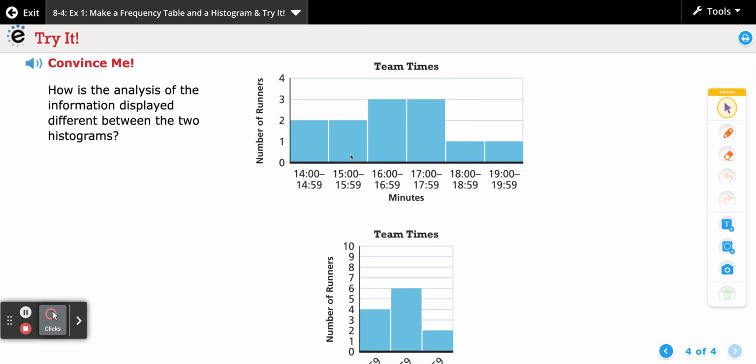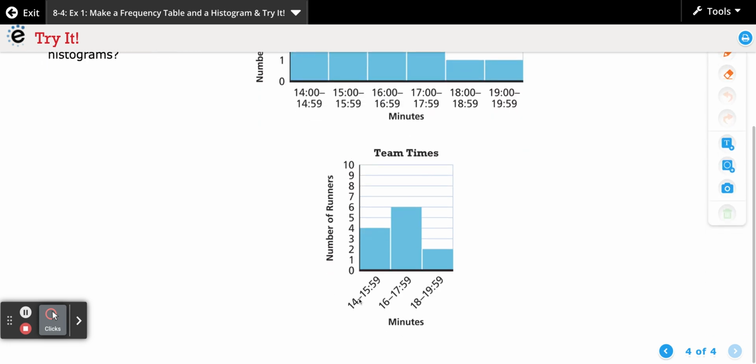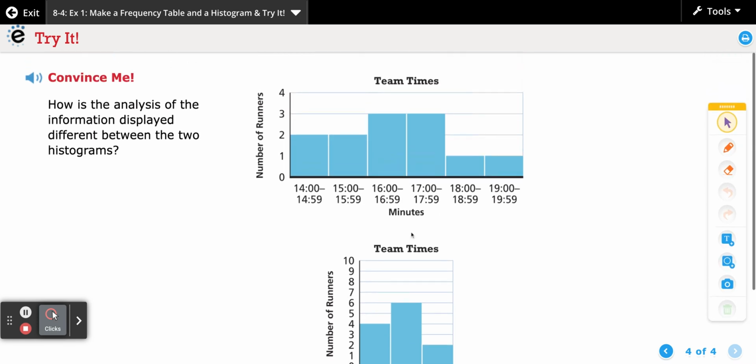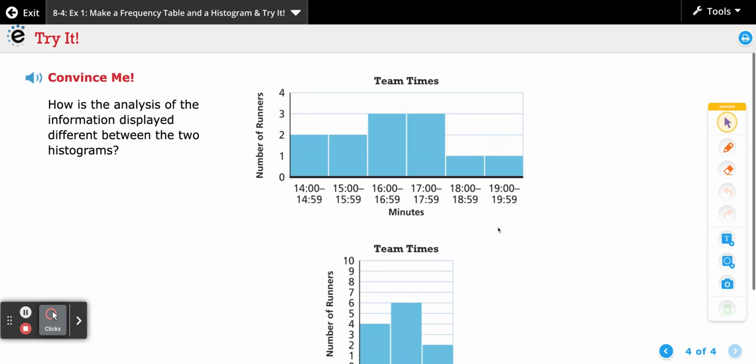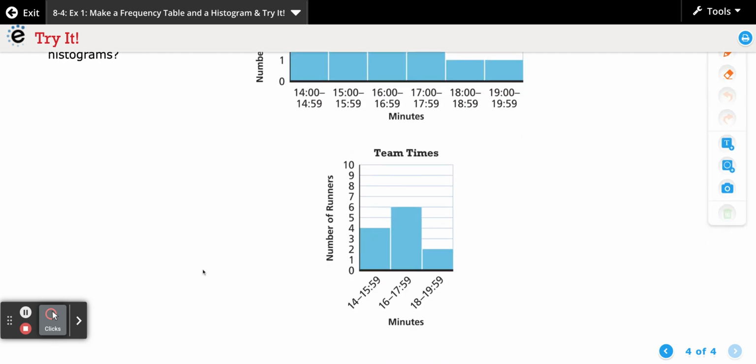In this one here, we have a shorter amount of range, just 1 minute ranges, and the data is more spread out. Here we had 2 minute ranges, and our data is kind of closely packed together. So depending on your need, you might choose to do it this way or this way. Same idea, same data. The only thing that changed was the ranges.